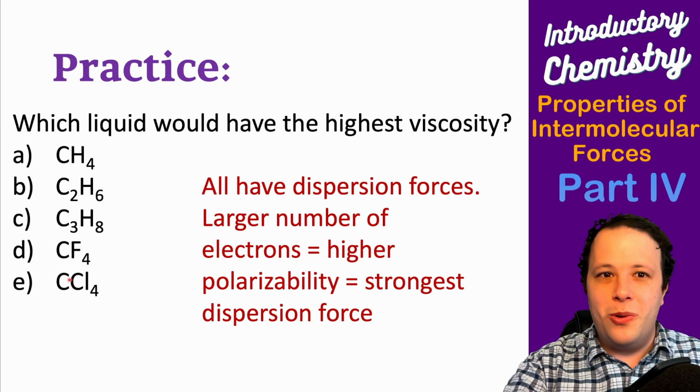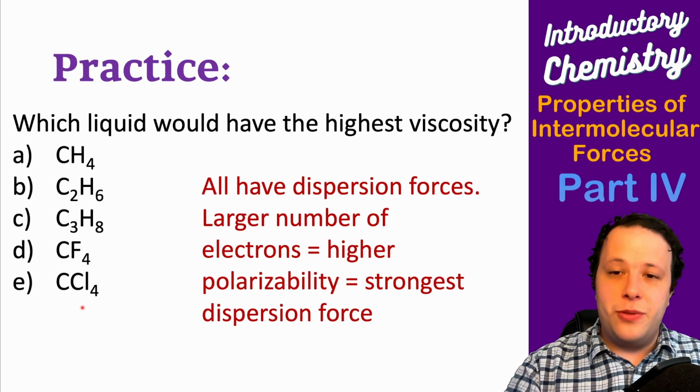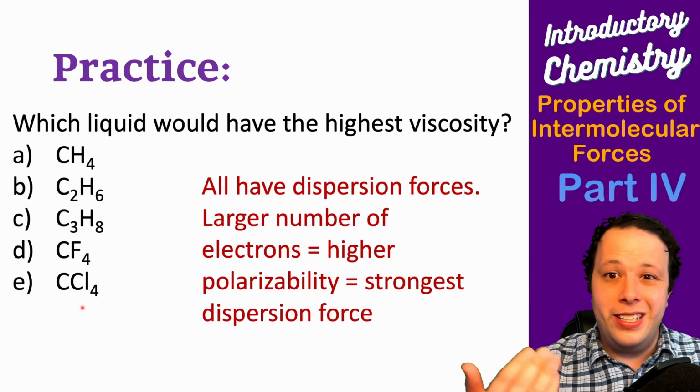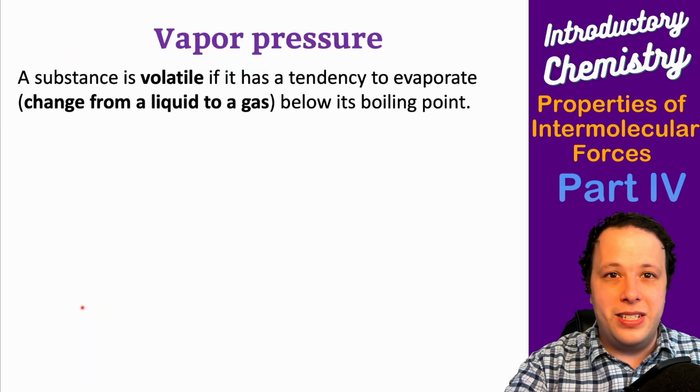That's almost more than a lot of this compound here, right? 2 chlorines would be more than almost one of these. So E is going to have the most electrons, which is the highest polarizability out of all of them, right? Linking together dispersion, all these forces.